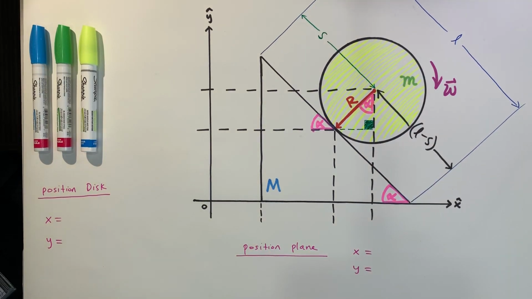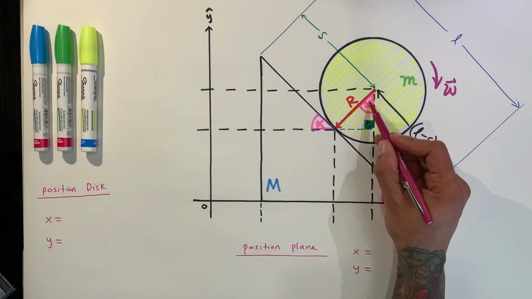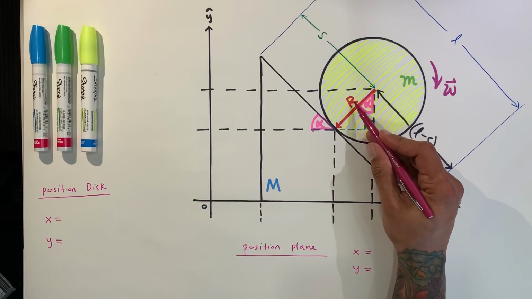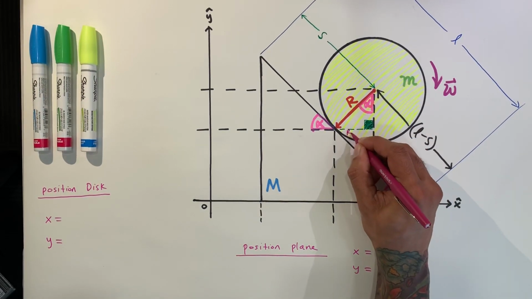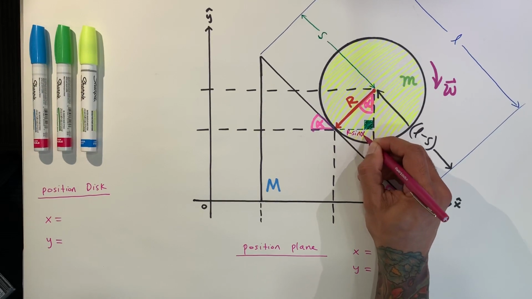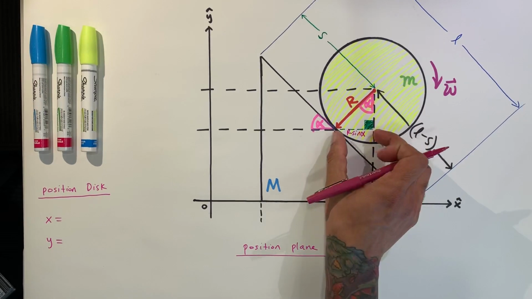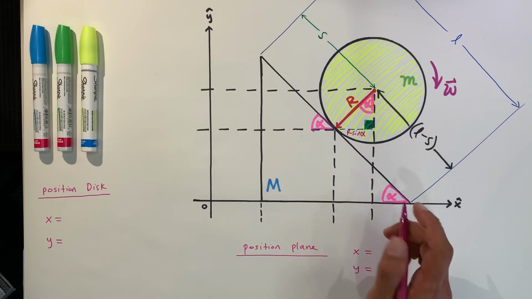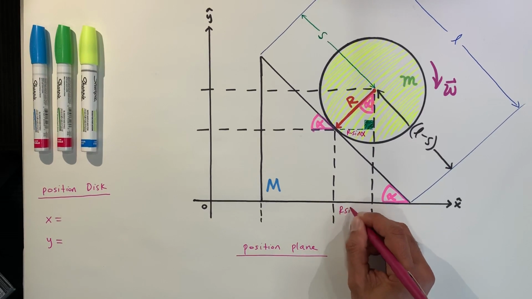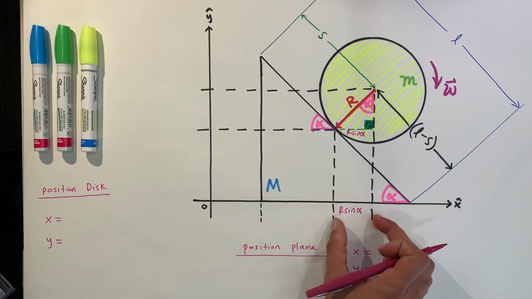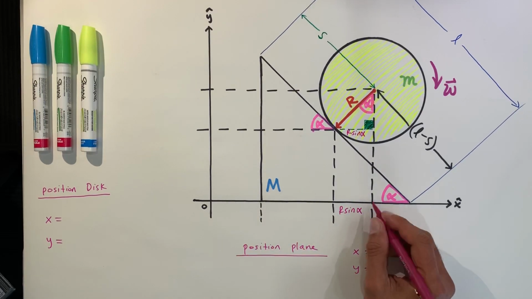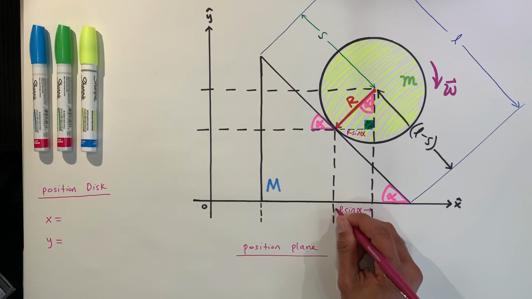Let's label stuff. We have opposite over hypotenuse, so this is going to be R sine alpha. I'm going to bring that R sine alpha down here. That's one of our segments that we needed. I'll just draw a little arrow here.